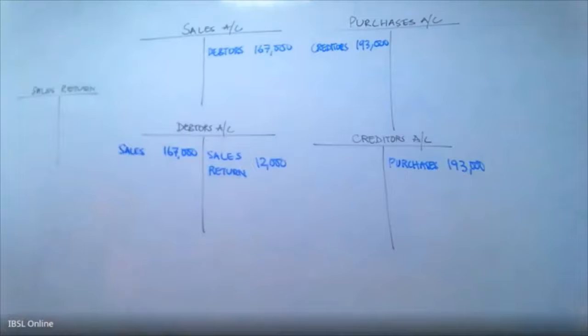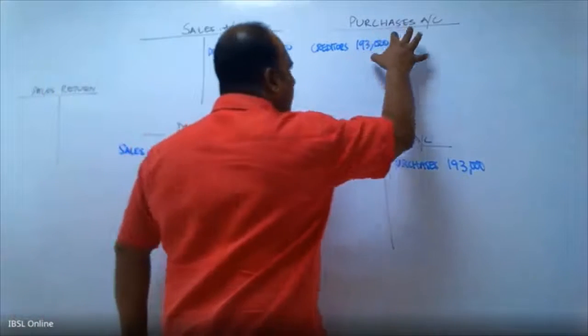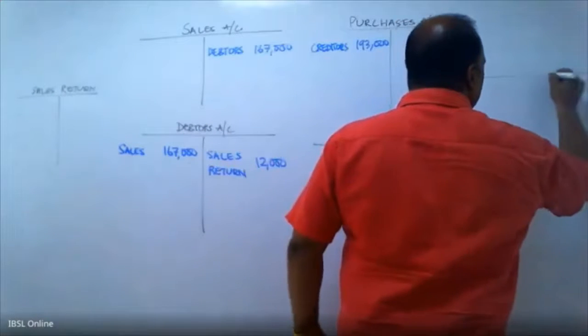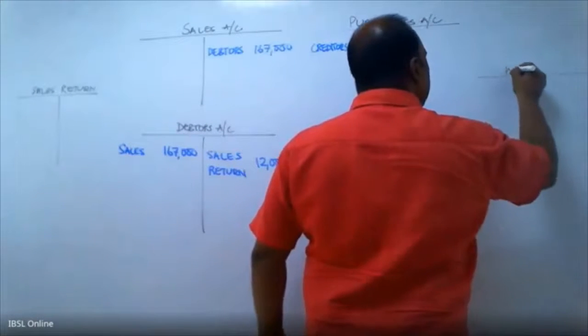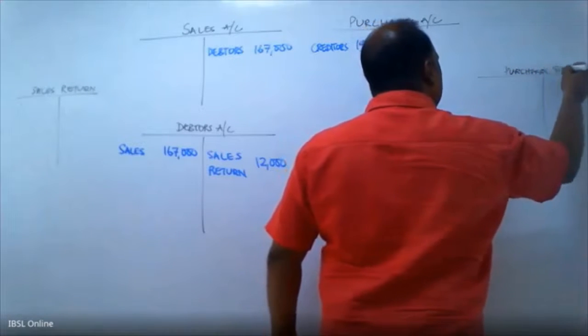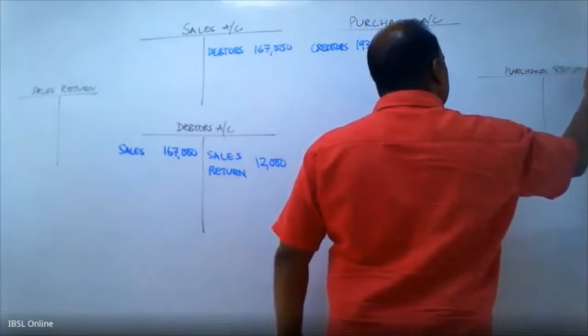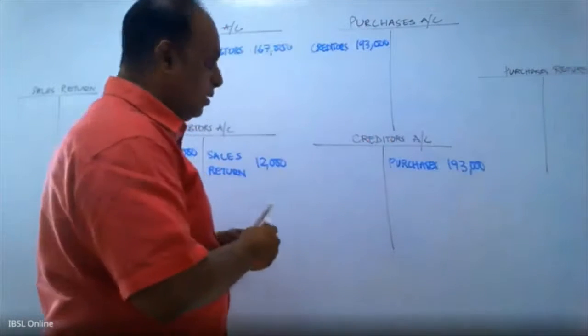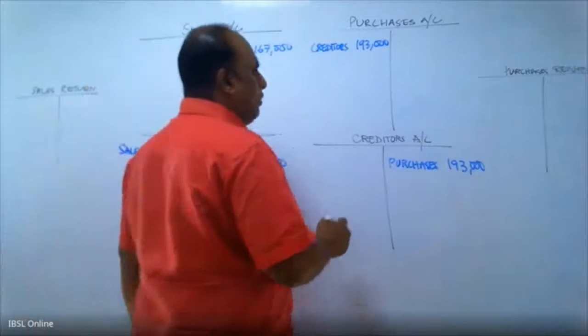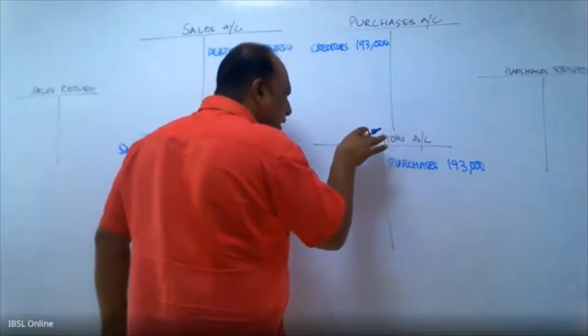Similarly, for the purchases return, I will not go and reduce my purchases. Instead, I will open a purchases return account. So with purchases return open, I will go and reduce the creditors now.